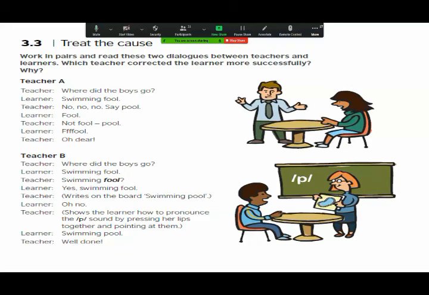I want you to participate. This is the last thing that I will say today. Try to read the two dialogues and find the teacher who corrected the learners successfully.